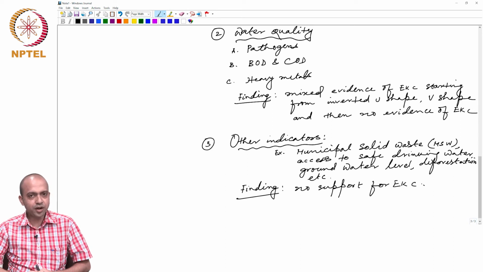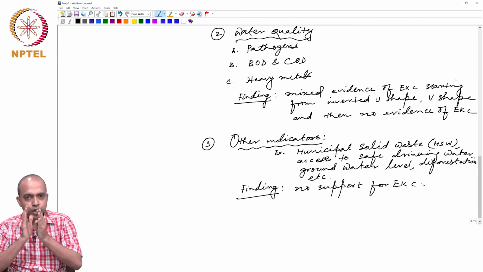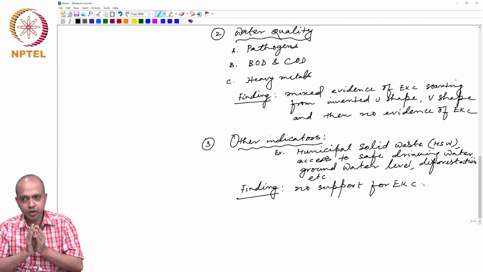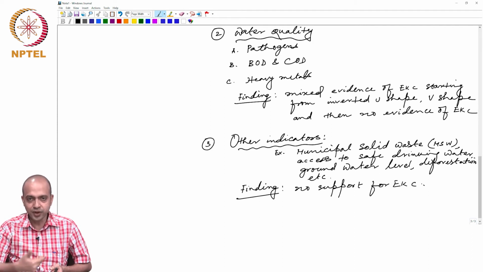So, policies cannot be generalized. That means, findings from air quality cannot be applied to water quality, or findings from water quality indicators cannot be applied to other indicators. So, we need to formulate environmental policies depending on what type of indicators we are thinking. So, indicator specific policies should be adopted by the policy makers.